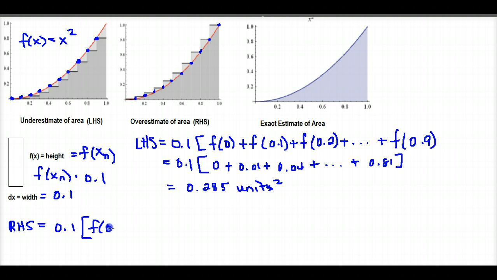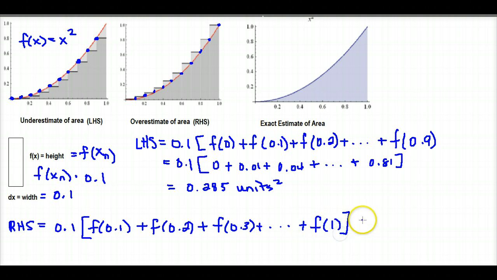So we start here with f of 0.1 plus f of 0.2 plus f of 0.3, and so on, till we get to f of 1. If you were to work that out, you would see that this would end up being an overestimate of that amount.